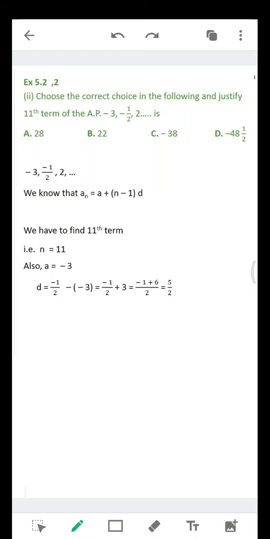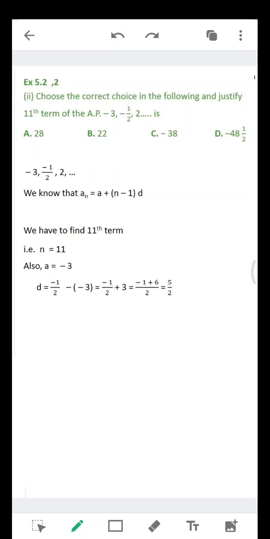The first term of the series is a, that is minus 3, and d is the common difference, that is a2 minus a1. Always remember, to find d we should do the succeeding term minus the preceding. You can do second minus first, or you can do third minus second. Any way you can do it.